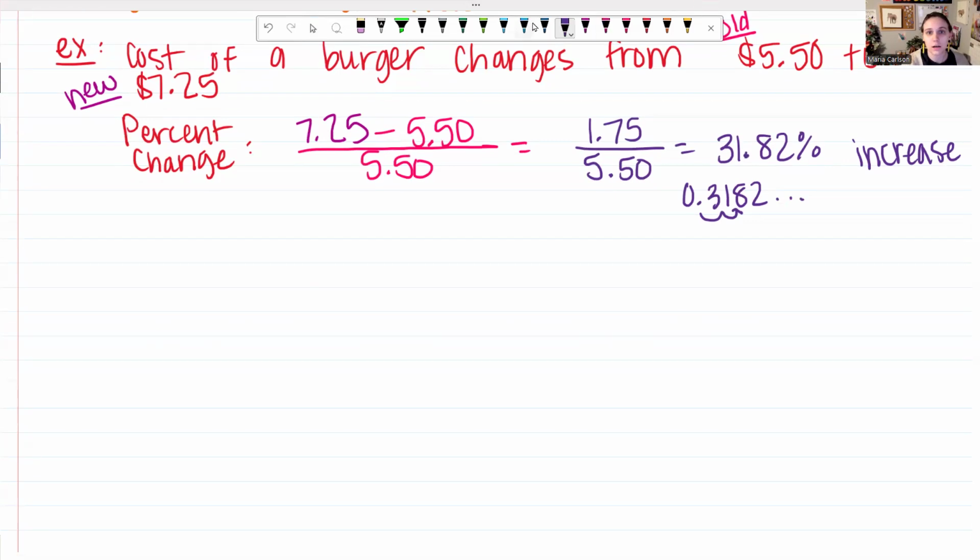I want to talk a little bit more about exponential growth versus exponential decay, and we did talk about this in our last lesson, but it is worth mentioning again.